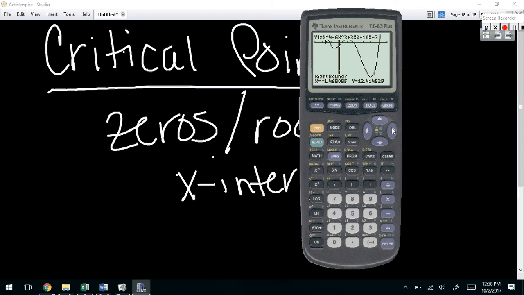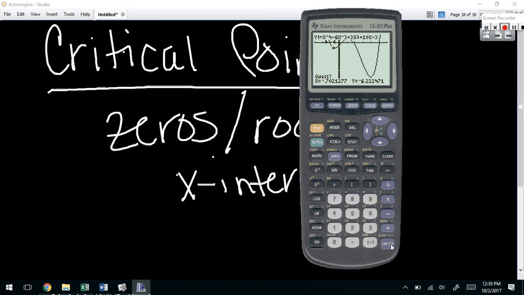Then it says right bound. You want to be to the left-hand side of it before you hit enter. Now I want to make sure I'm to the right of it. Hit enter. Now look at those 2 arrows at the top, because that's what I want you to see.